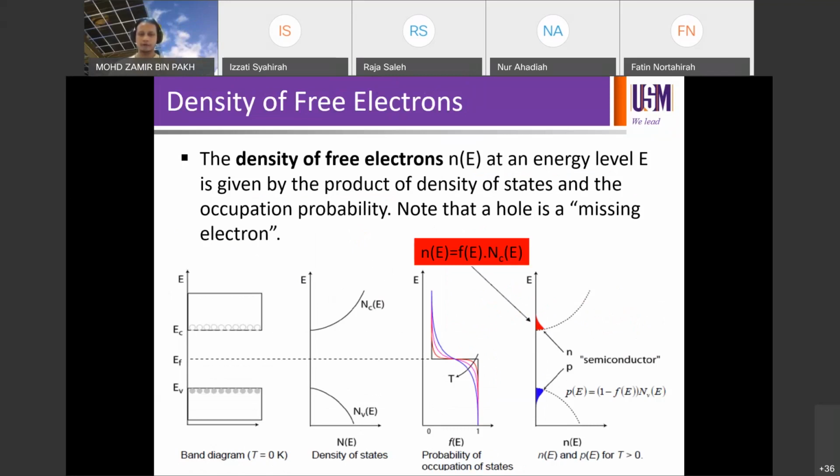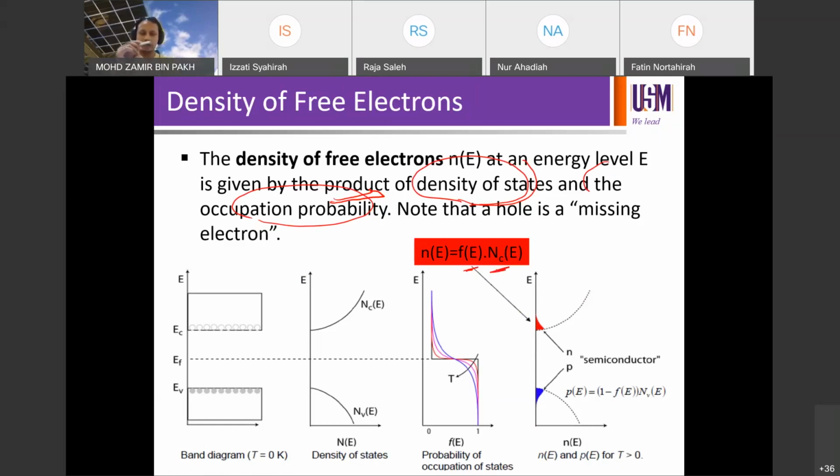The density of free electrons, Ne, at an energy level of E, is given by the product, so that's the key, the product of your DOS and your occupation probability. So you multiply your Fermi-Dirac distribution function with your density of states in the conduction band or valence band.